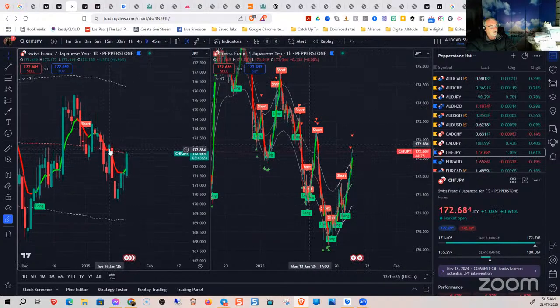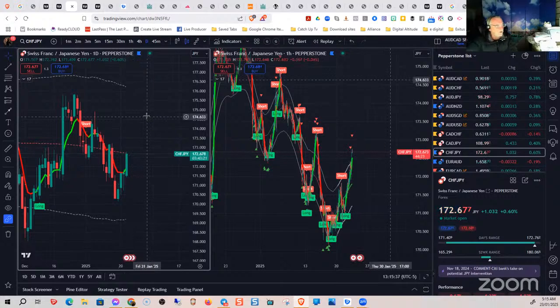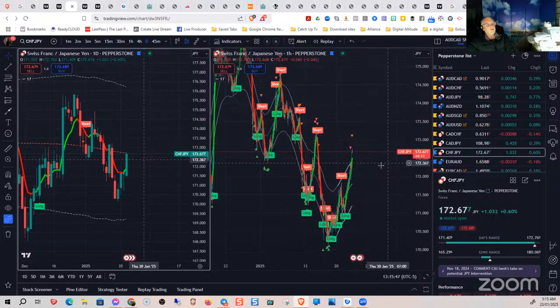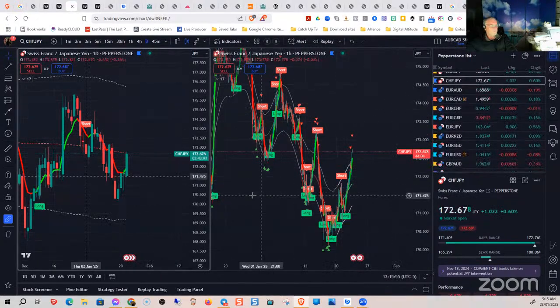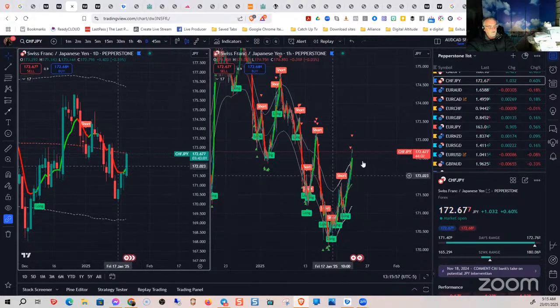But if it breaks that high, then we're looking at potentially that going back up again. So I think what Darren's saying is a lot of the currencies against JPY are strengthening back, as if the JPY is weakening off.